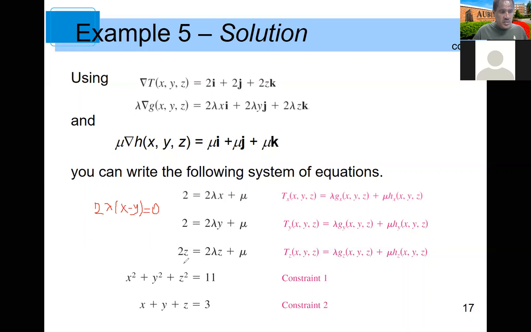From this third equation, if you bring this one to this side, what you get is 2z, and factor out 2z, you get 2z times 1 minus lambda, then bring mu to this side, minus mu is equal to 0.